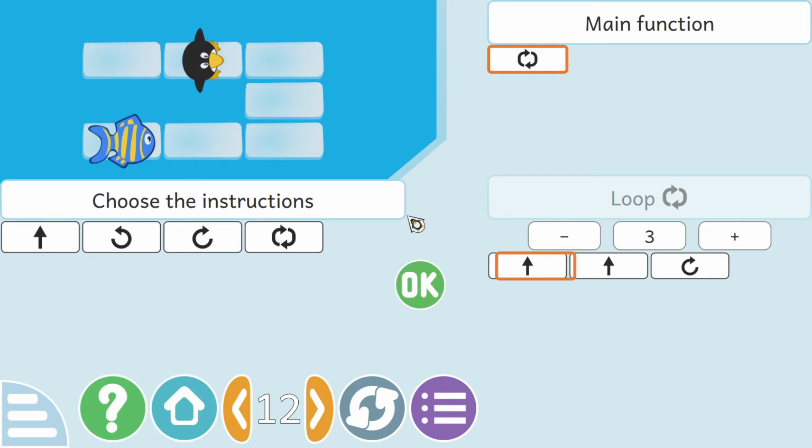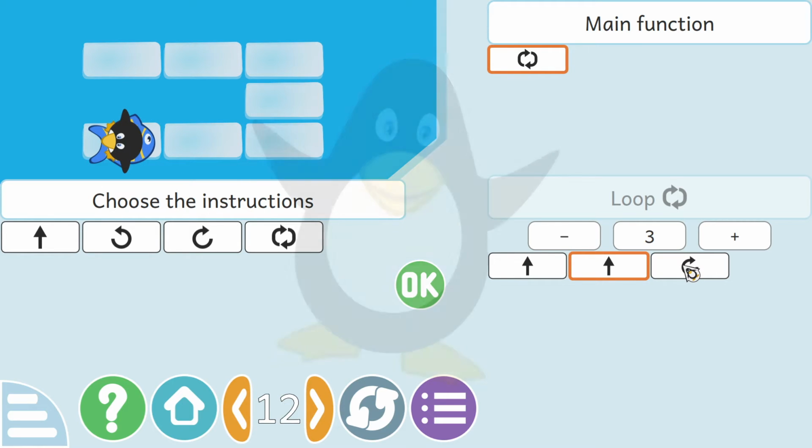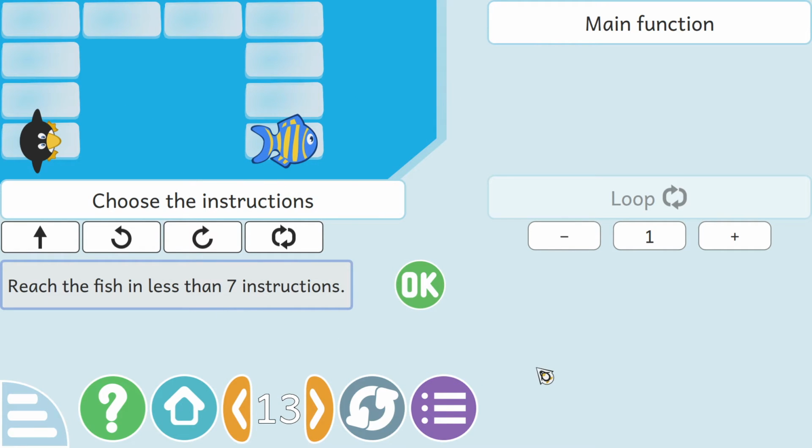Let's see if this works then. So we've got it to turn right when it gets to the fish, but yeah, it'll work. Okay.